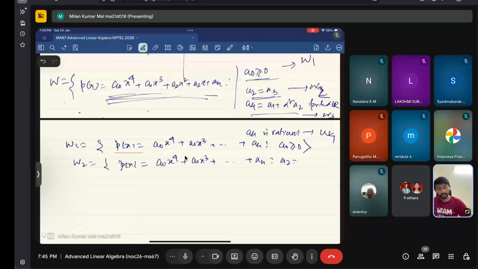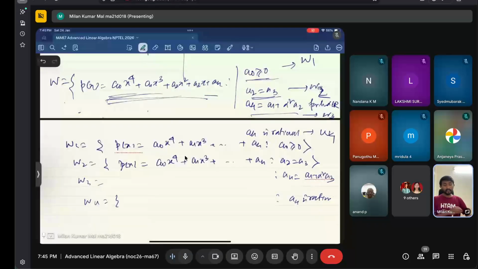This is W2. Similarly for W3 and W4, only this will change: A4 equals A1 plus alpha square A3, and W4 will be the same with A4 rational. So now the question is, which of them are subspaces? This is what the question means.